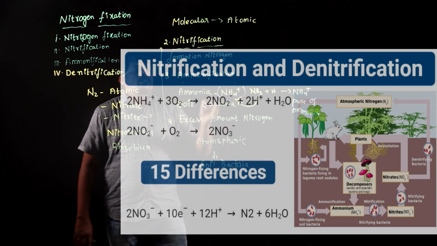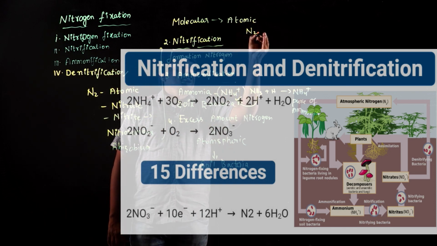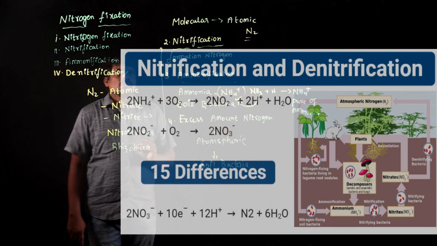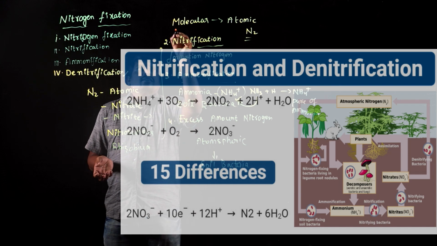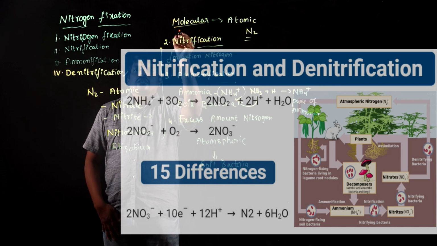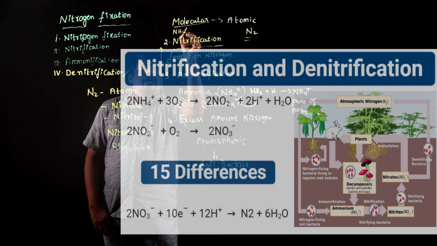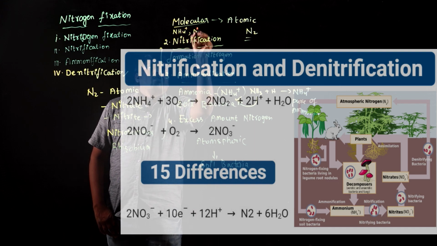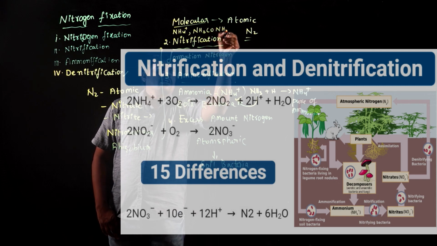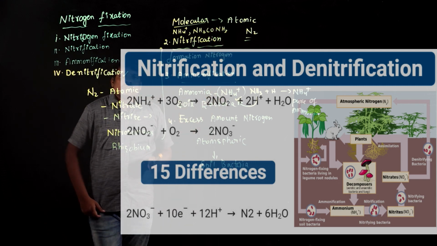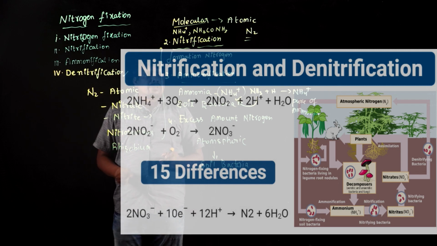The chemical formula for atomic nitrogen is N2. And what are the examples for molecular nitrogen? Like ammonia, NH4 plus, and urea. What is the chemical formula of urea? NH2CONH2, which are very good examples of the nitrogen-rich components in the soil.